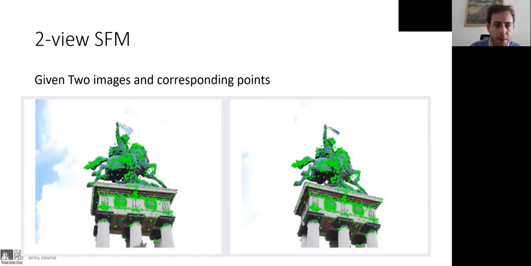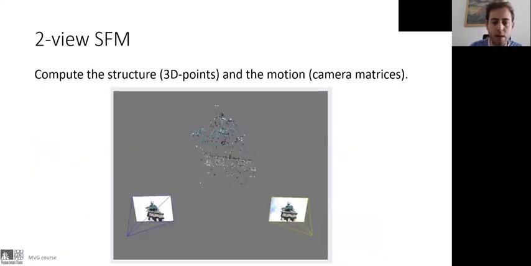Okay, so last week we defined the two-view structure from motion problem, where we are given two images with corresponding points between them. And the task was to compute the 3D points and the camera matrices such that the 3D points are projected to the corresponding given 2D correspondences.